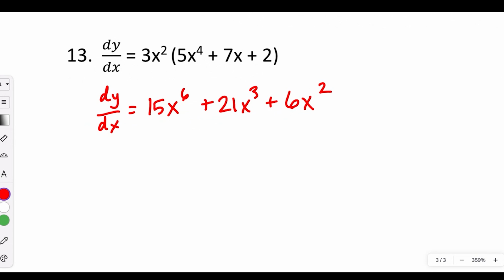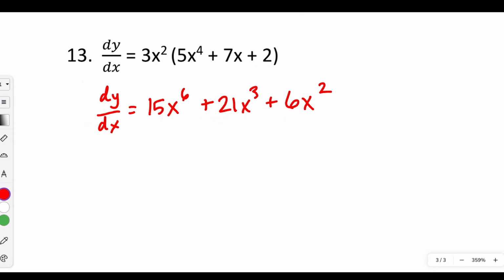Plus c after all of them. Do we just put plus c at the end? At the end, right. Even if you have a bunch of constants, they're all just constants anyway. So if you add together a bunch of constants, you're still going to get a constant. So the sum of a bunch of constants is still constant. So you only need 1 plus c on this. You don't need a plus c for each term.